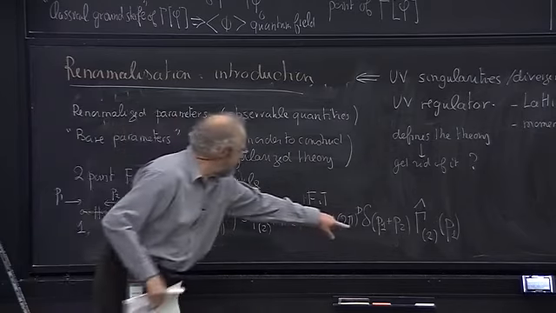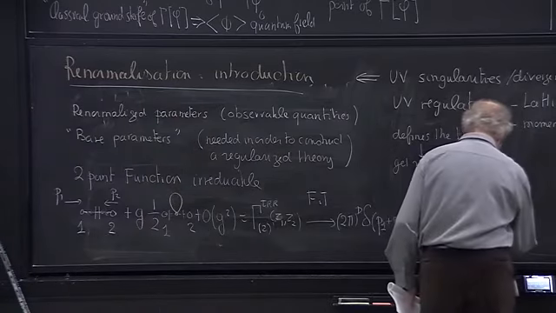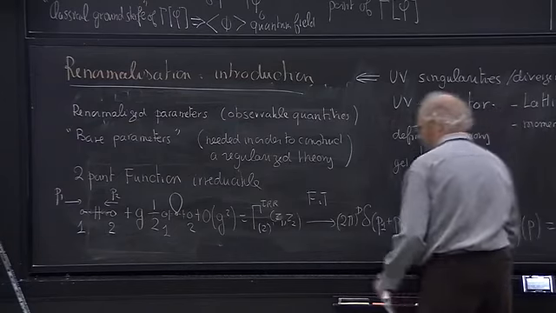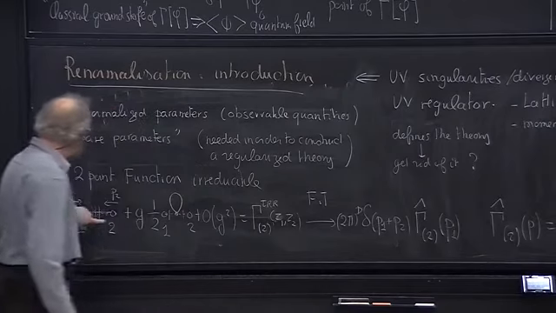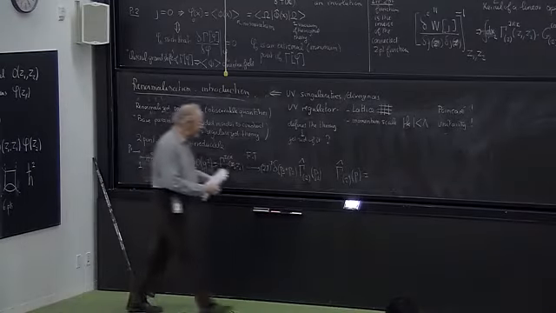This is just the law of conservation of momentum. Gamma 2 of p is the inverse of the propagator, so this is p squared plus m squared.